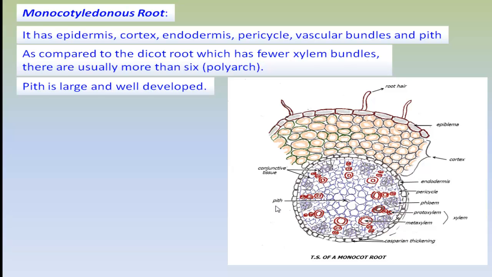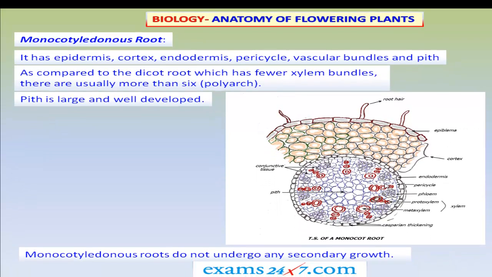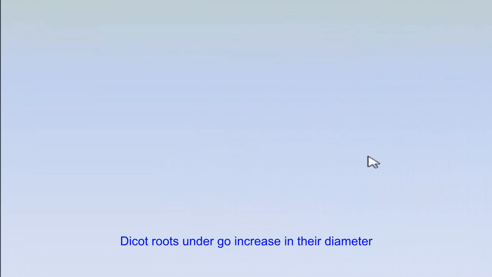As told earlier, secondary growth is the growth in the girth of the plant part, and this secondary growth is mostly the characteristic feature of the dicot plants rather than the monocot plants. Dicot roots undergo increase in their diameter, but monocot roots do not exhibit such a characteristic feature.